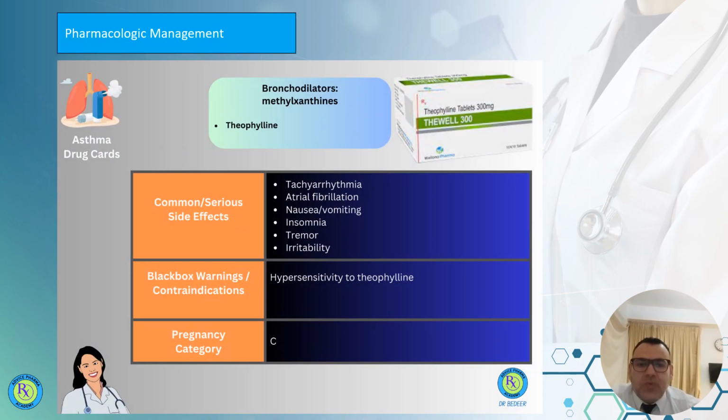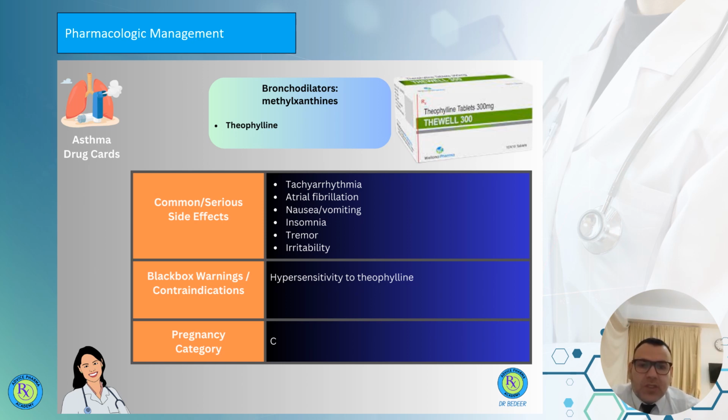Methylxanthine under bronchodilators also, which is theophylline, is a very common medication to be used, but currently it has limited use due to side effects and toxicity from overuse. And as you know, theophylline is a narrow therapeutic index drug, meaning the patient can fall into toxic level very easily with many interactions and a lot of toxicity happening.